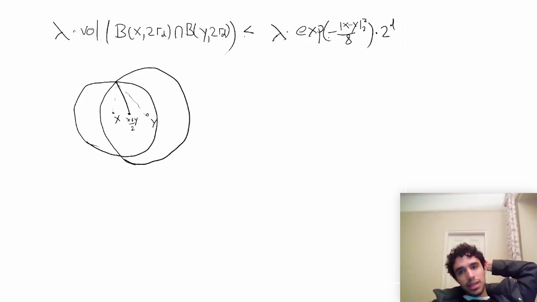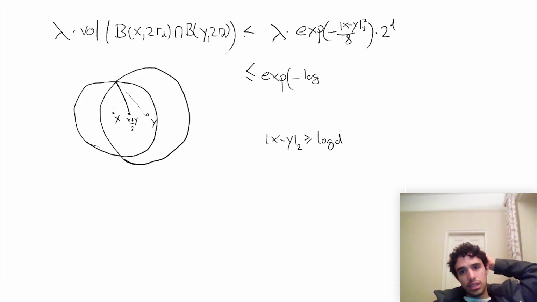The interesting thing is that the distance between any two points x and y is at least log d, so this thing here is at most exponential of minus log d squared over 8, times lambda times 2 to the d.